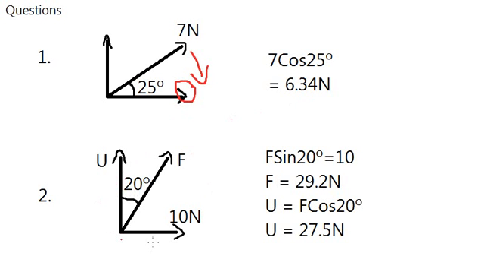And for this one it's a bit more tricky, and what you need to do is set up an equation because we can't really resolve from this angle to that angle. We have to resolve F to 10 newtons. So we know that the answer would be 10 newtons if we use F sine 20, because we're stretching the angle this way. So we can rearrange that to 10 over sine 20, which is 29.2 newtons, which is not this one, but the force.